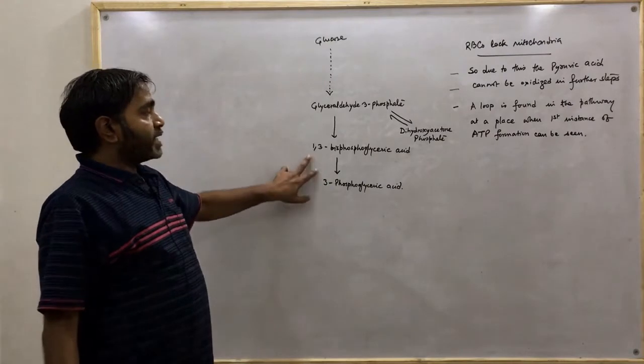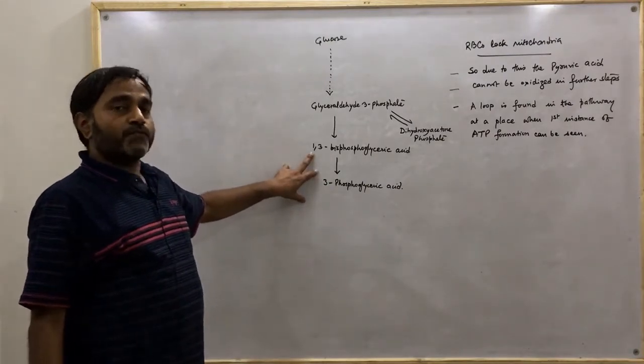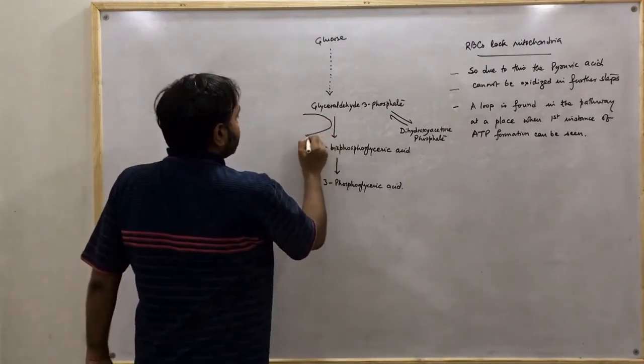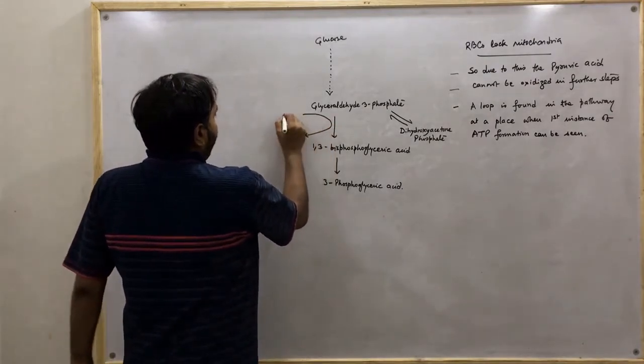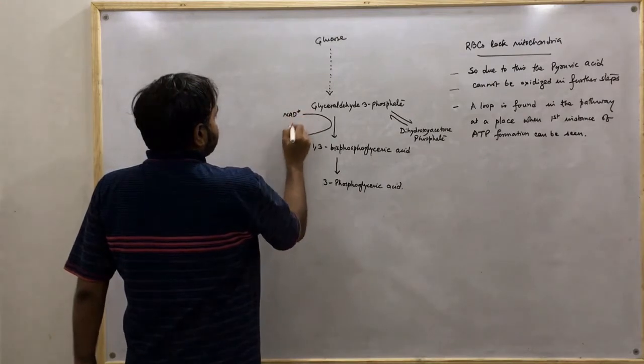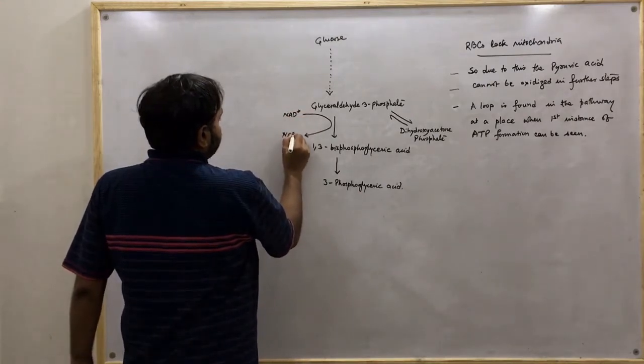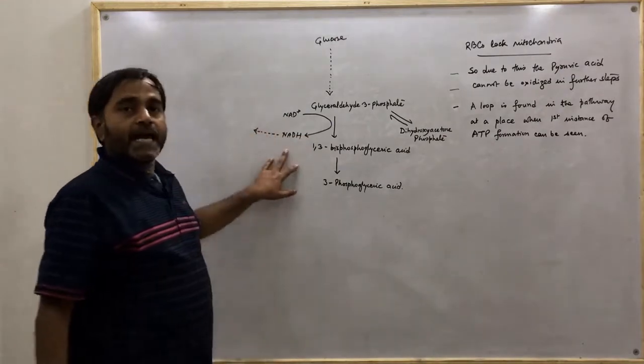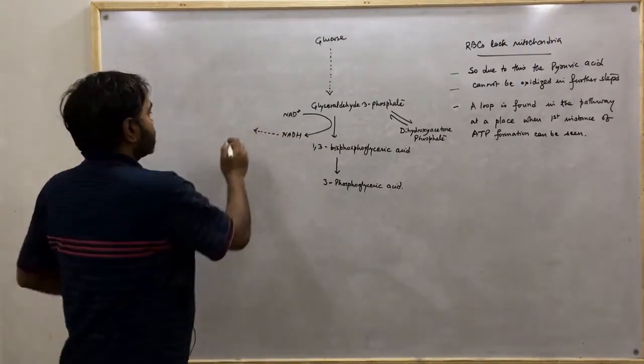So 3-phosphoglyceric acid is formed from 1,3-bisphosphoglyceric acid, and we have already seen that here NAD plus gets converted into NADH, which is used to carry electrons to the electron transport system.